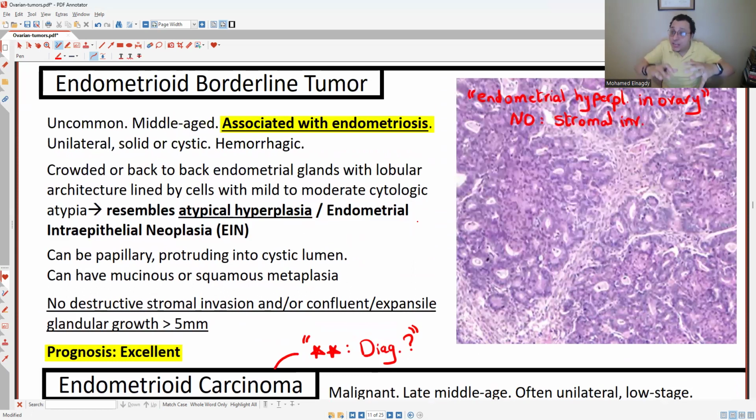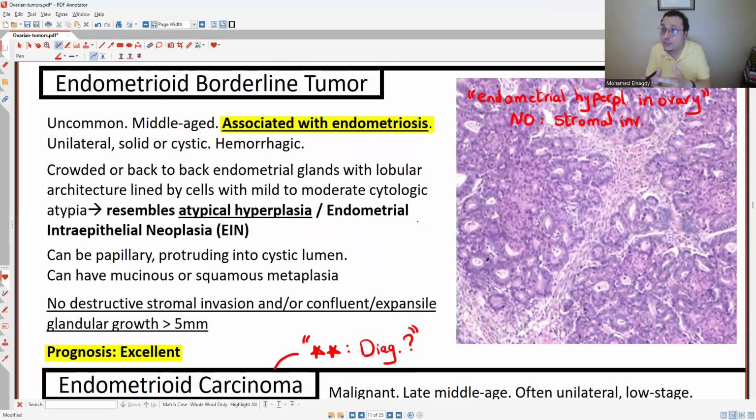But the basic thing that you need to know is that endometroid borderline tumor and endometroid carcinoma of the ovary both arise on top of endometriotic foci. These are just some endometriotic foci which undergo malignant transformation and make an endometroid tumor in the ovary.